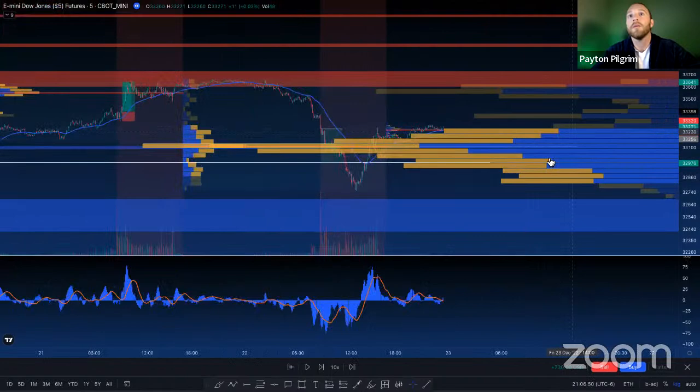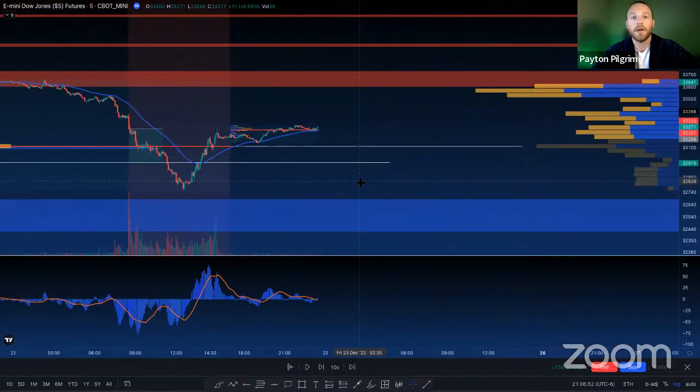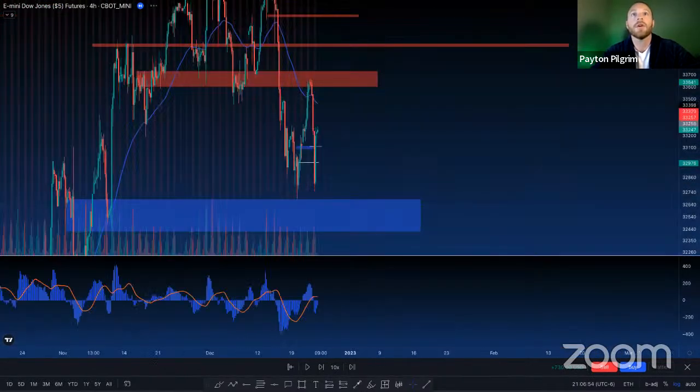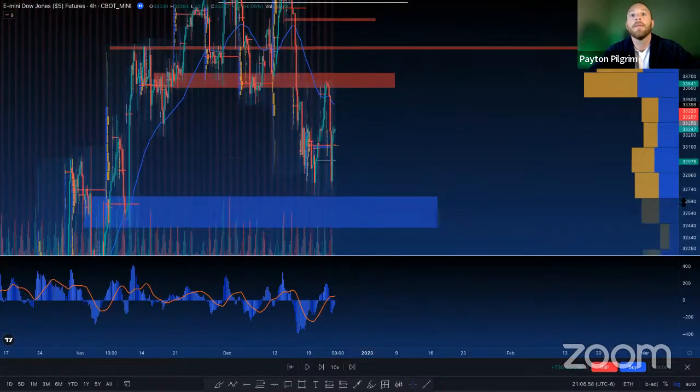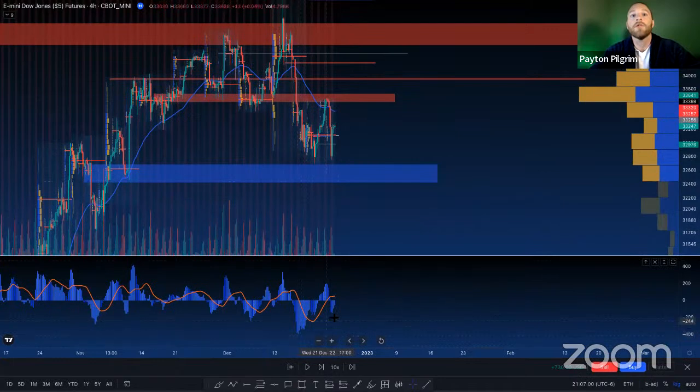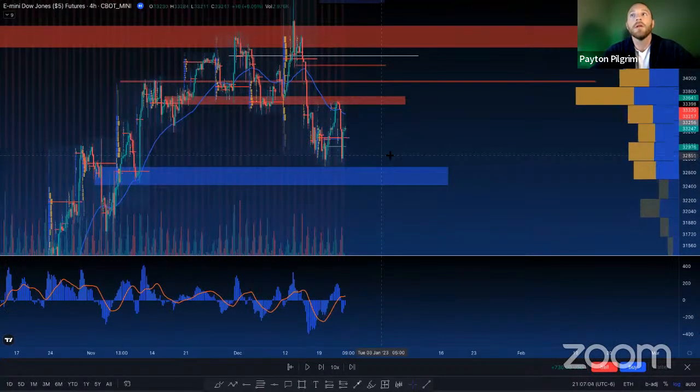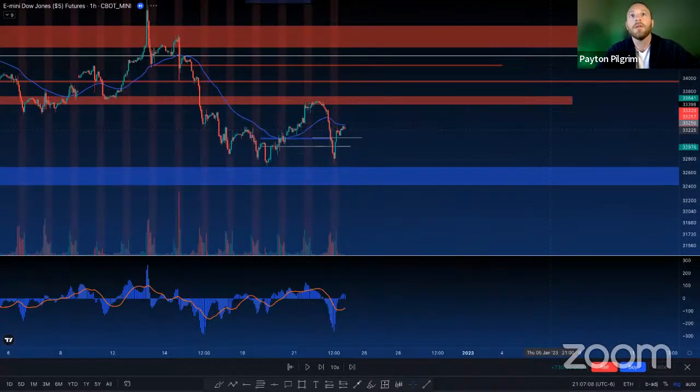So that's something to note. Go look at that 4-hour price action real quick. Okay. Kind of diverging pretty good on the 4 right there on that double bottom. Nothing else major though. Let's go back to the 1.